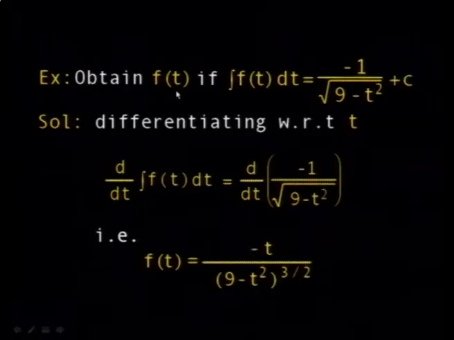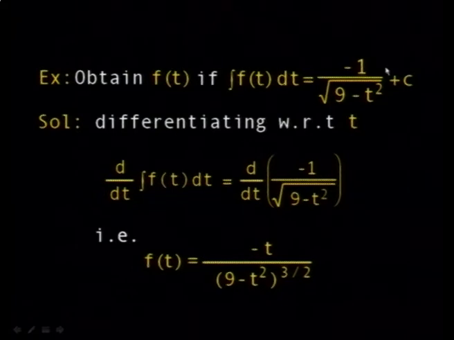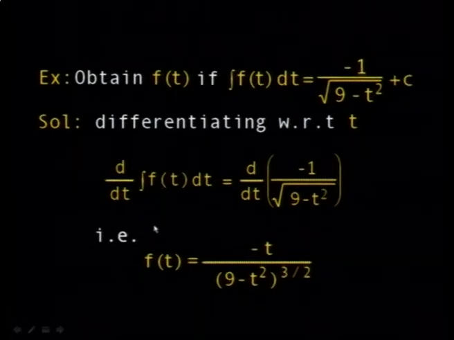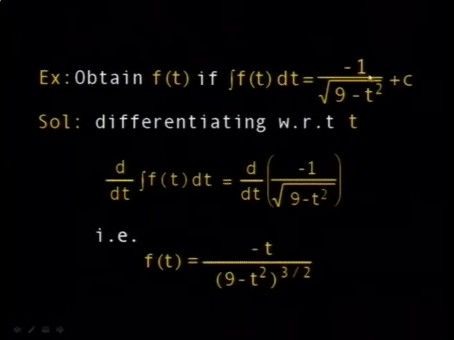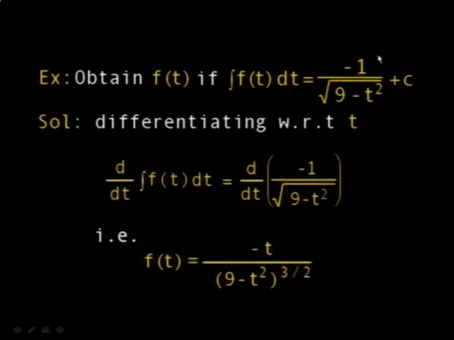Here it asks you to obtain f. This is a simple form of integral equation where you are given the integral and you wish to calculate the function. So what you do is differentiate both sides, because when you differentiate the left hand side you get f of t, and on the right hand side you apply the chain rule.